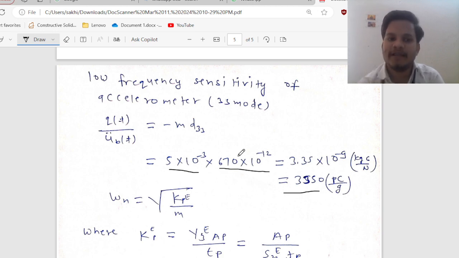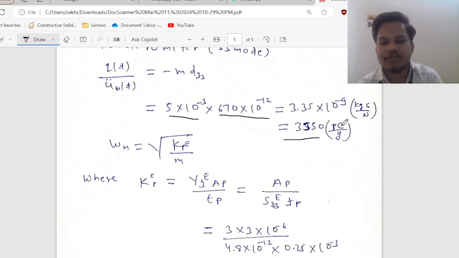So output by input, that is the transfer function of the complete system. So sensitivity means transfer function actually. So this is sensitivity, how much charge is generated by unit acceleration. So this comes out to be this value.